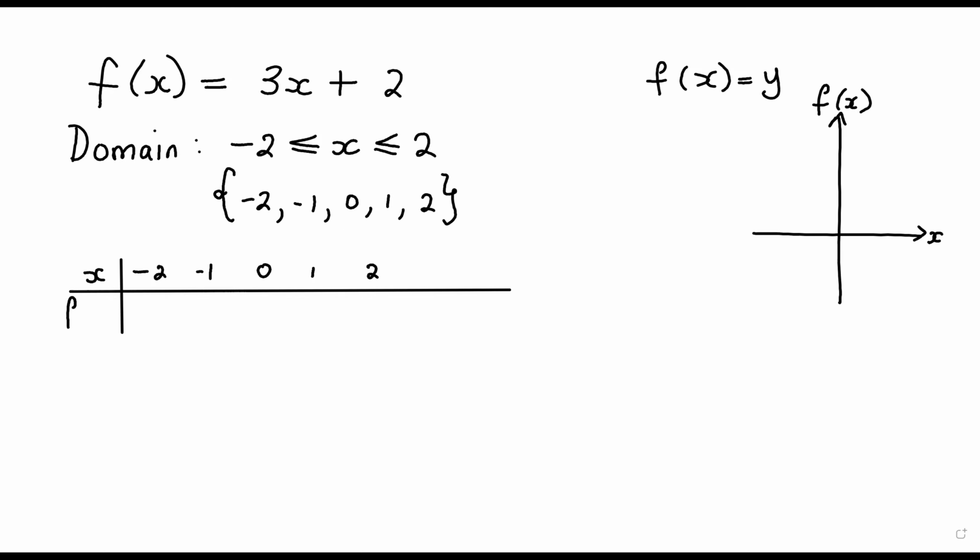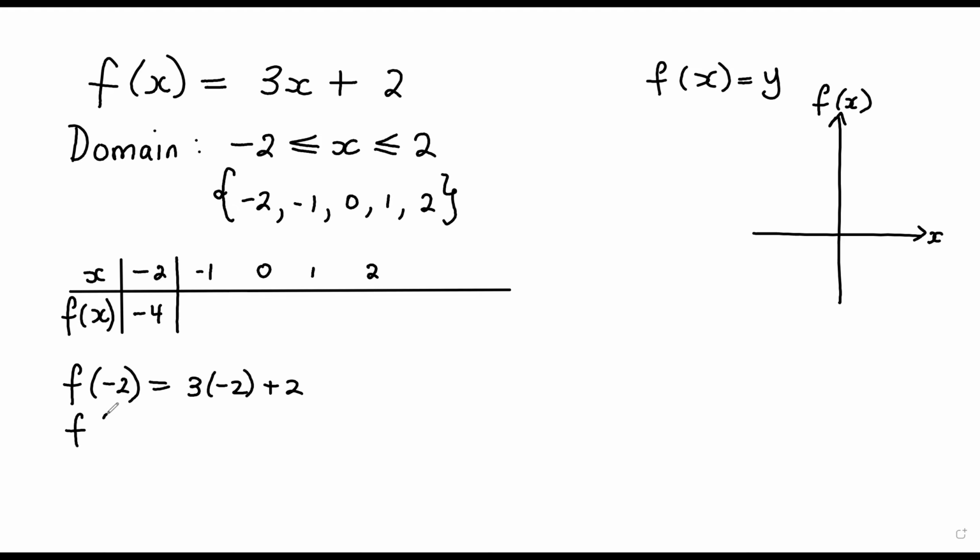All right, and now my f of x values. When x is negative 2, f of negative 2 will be equal to 3 times negative 2 plus 2. So that would be 3 times negative 2 is negative 6, and negative 6 plus 2 is negative 4, right?